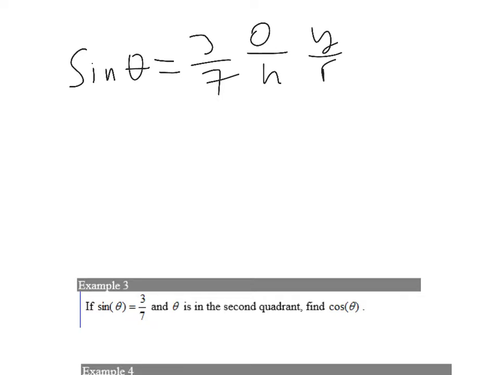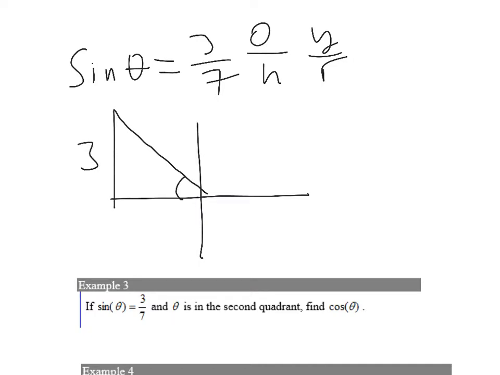Notice we aren't working on the unit circle now. So here, and I'm in quadrant 2 still, I know the opposite side is 3, the radius or hypotenuse is 7. In order to find the other side, I can just think Pythagorean Theorem, and I will set this up.